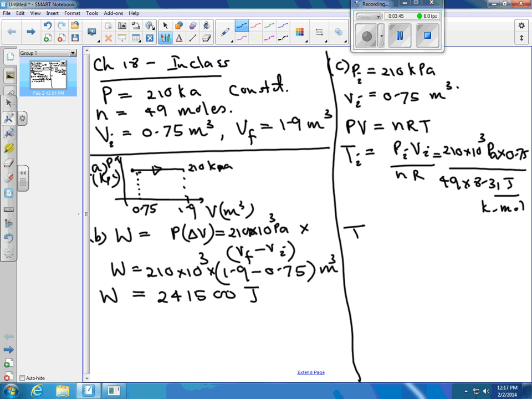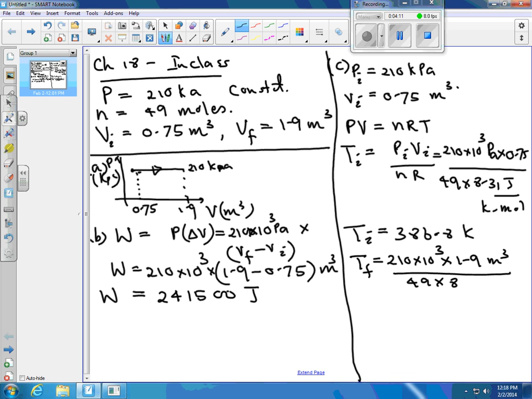So then Ti is going to be 386.8 Kelvin. Similarly, you can find Tf, which is given by the same pressure, 210 times 10 to the 3, the volume now 1.9 meter cube, and 49 times 8.31 joules per Kelvin per mole.